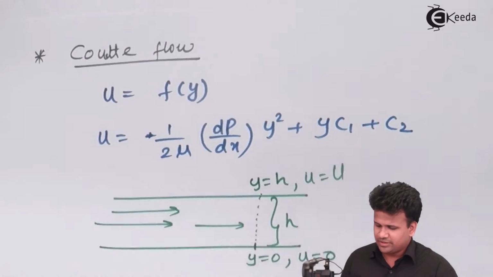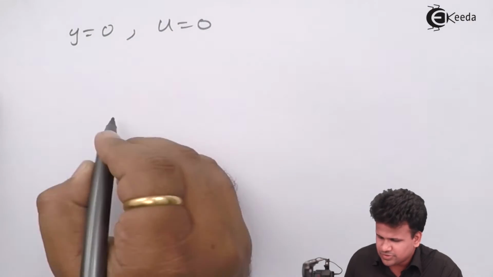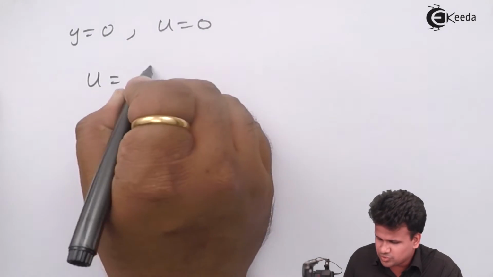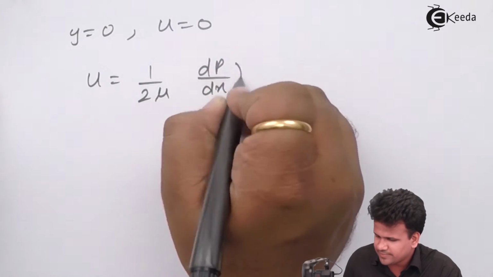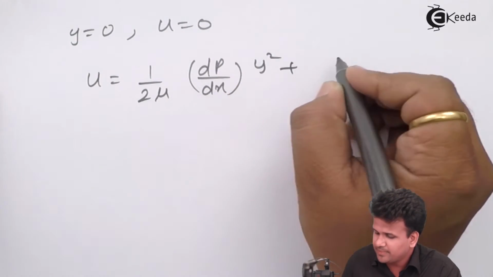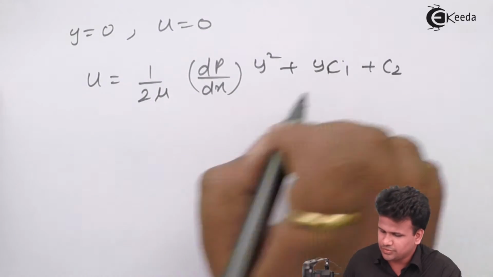The first boundary condition is y equals 0, u equals 0, where u = 1/(2 mu) dp/dx * y^2 + y*c1 + c2.